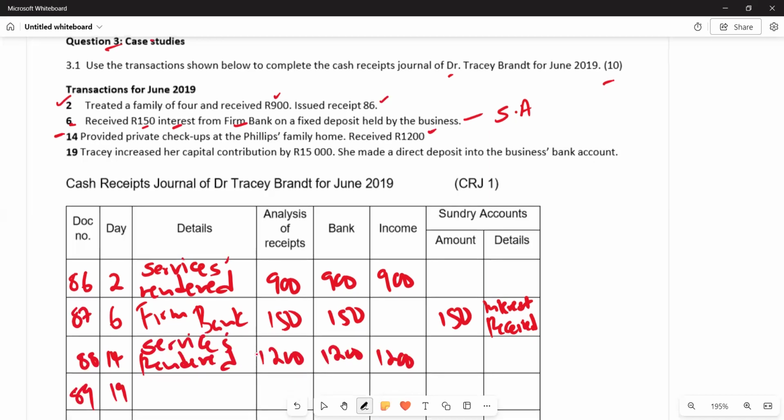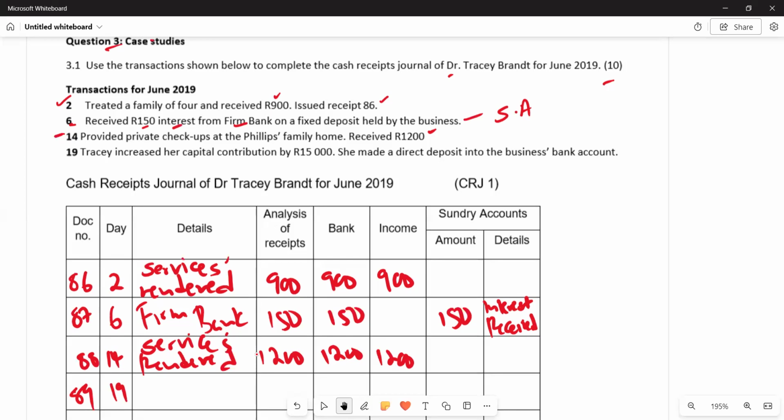We are now on the 19th, and it says Tracy increased the capital contribution by 15,000 rands. She made a direct deposit into the business bank account. So this is just a capital contribution, which means the business is receiving money from the owner. It's capital.